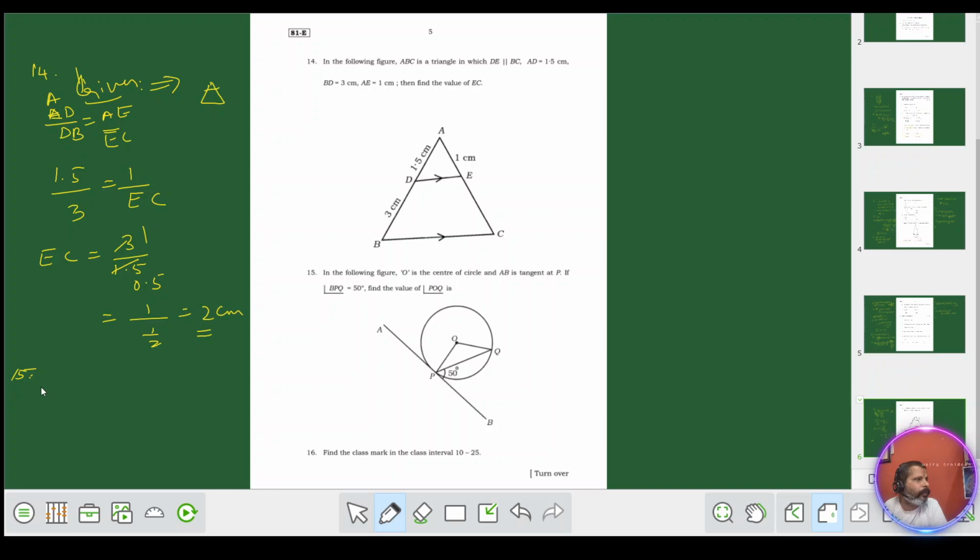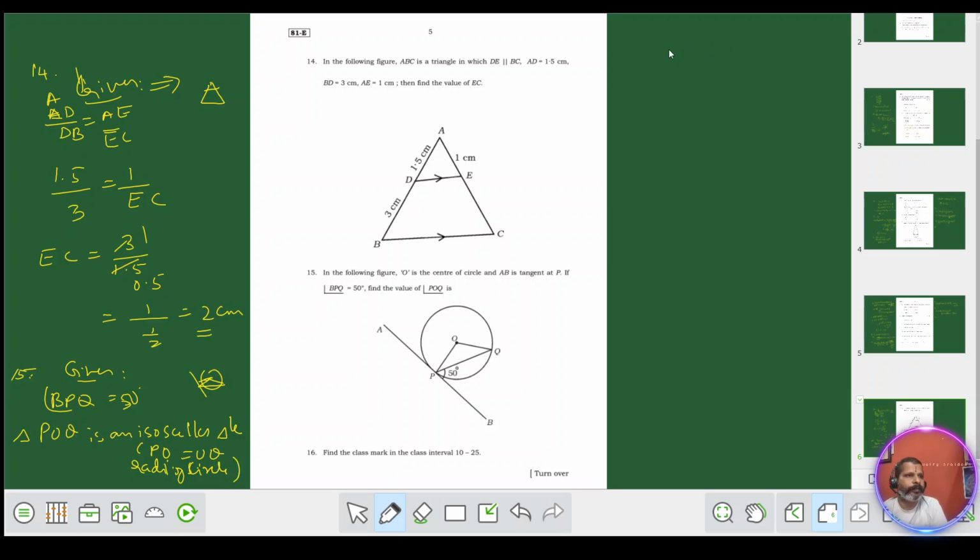How do we write? Here just draw the figure, everything you draw. Then write the given: BPQ is 50. POQ triangle is an isosceles triangle because PO equal to OQ, radii of circle.